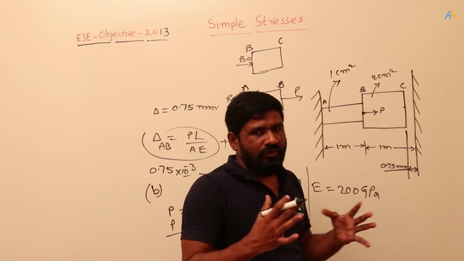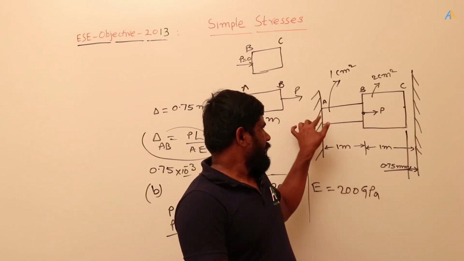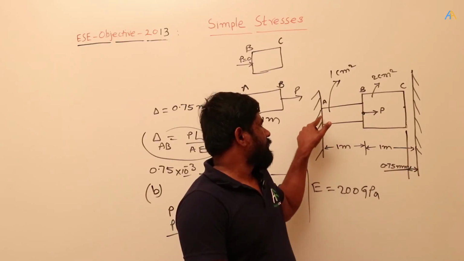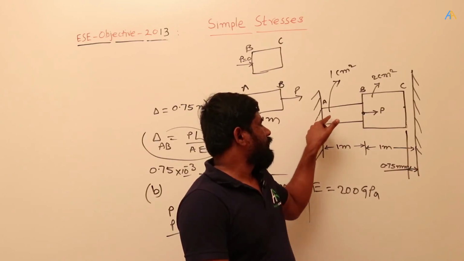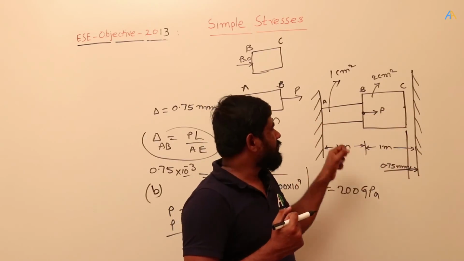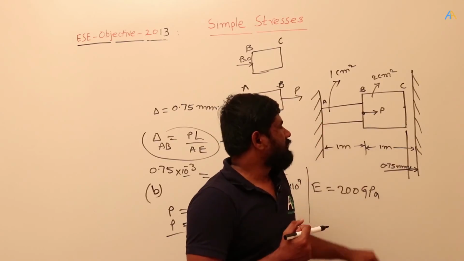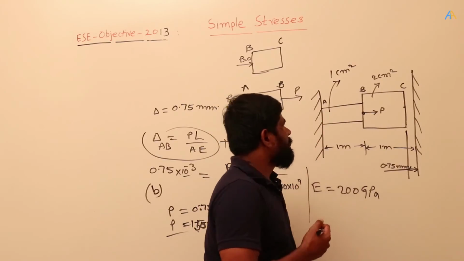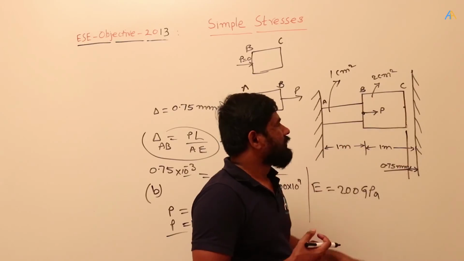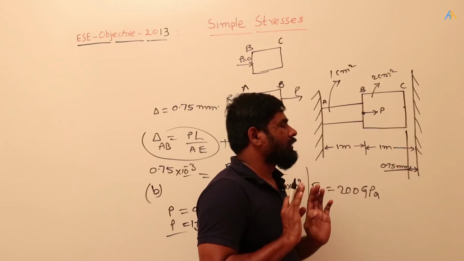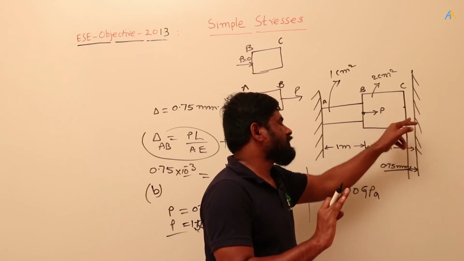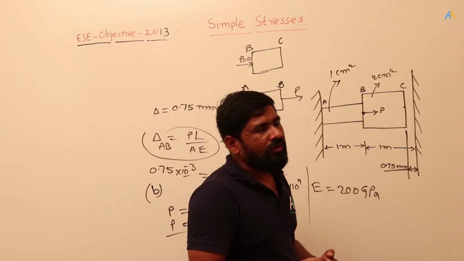Why? Because there is no restriction. Here it is attached to the fixed end, and you are trying to pull that away. Then there is a resistance offered in the AB. But in BC, since you are trying to push and there is no restriction, there is no resistance developed.